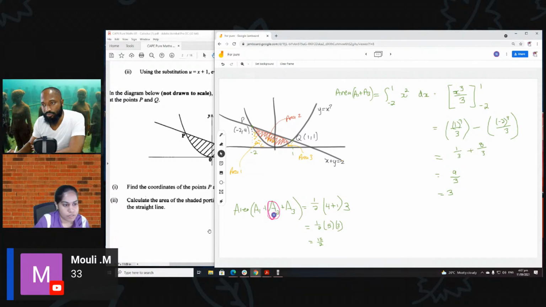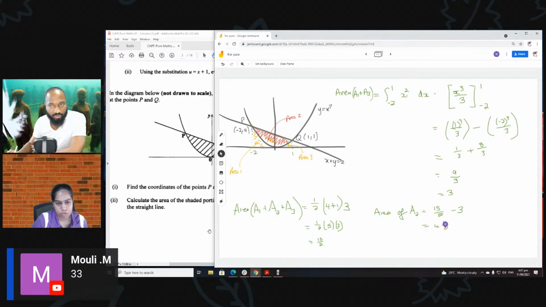So to find that, we simply subtract. So area of A2 would be 3 minus 15/2. Wait, is it the other way around? Oh, it's the other way around. So area of the 3 of them is 15/2 minus 3. So that's 4.5. We weren't given any units, so we'll just state unit squared.